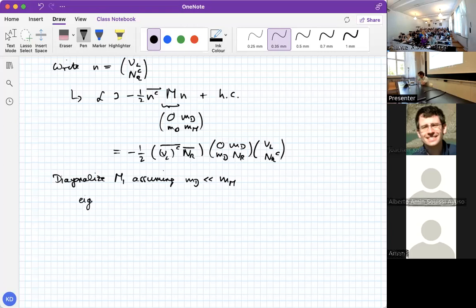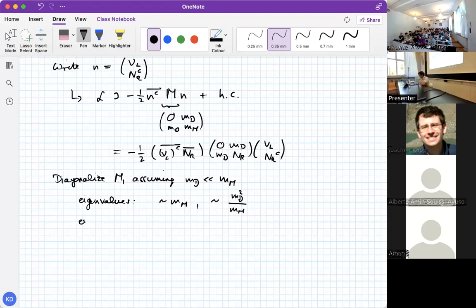And in this limit, we obtain the following eigenvalues. There's one eigenvalue of order M_M and another eigenvalue of order M_D squared over M_M.